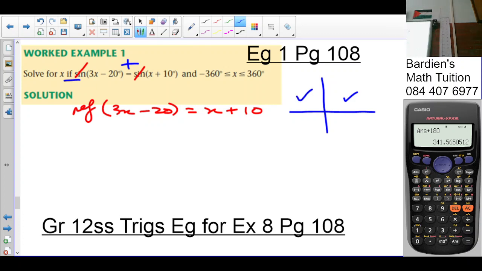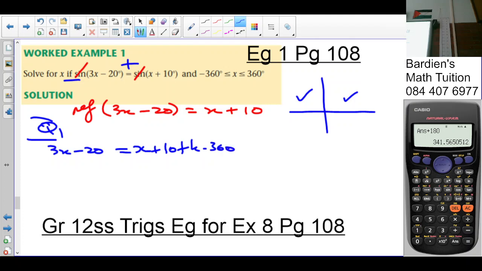To get into quadrant 1, it's going to be 3x minus 20 is equal to x plus 10 plus k times 360.